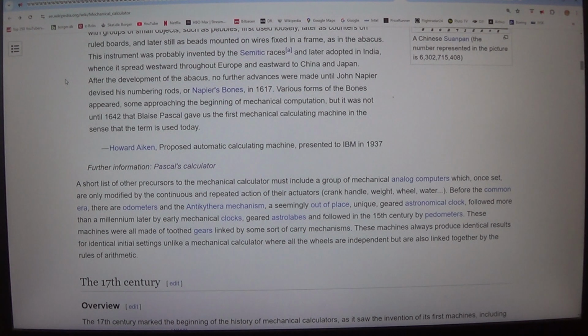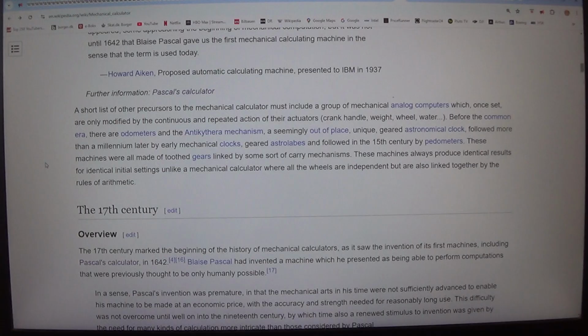Various forms of the bones appeared, some approaching the beginning of mechanical computation, but it was not until 1642 that Blaise Pascal gave us the first mechanical calculating machine in the sense that the term is used today. Howard Aiken proposed an automatic calculating machine, presented to IBM in 1937.